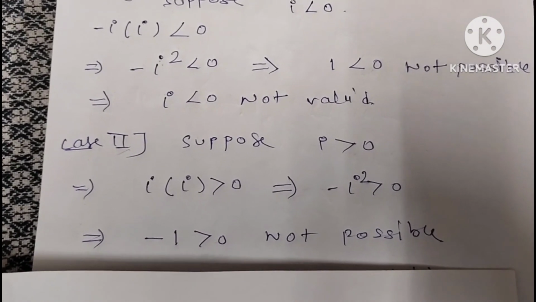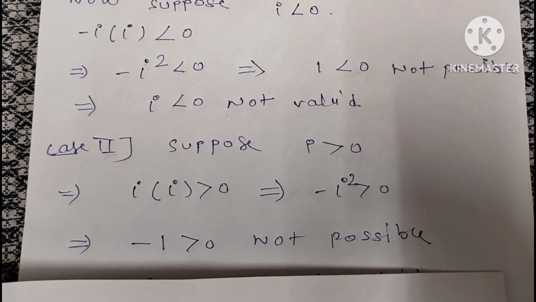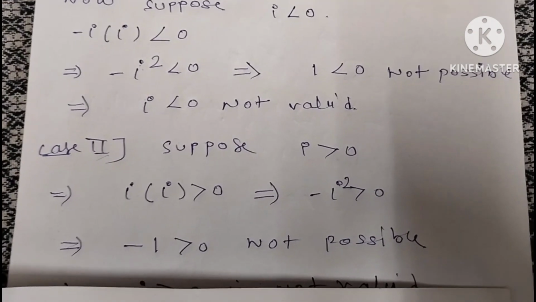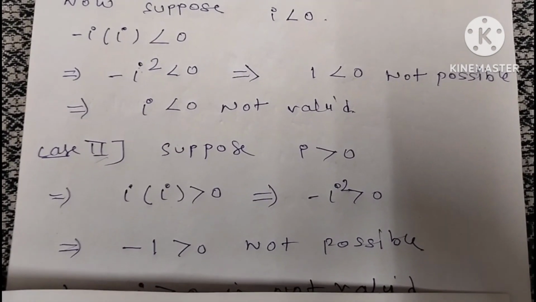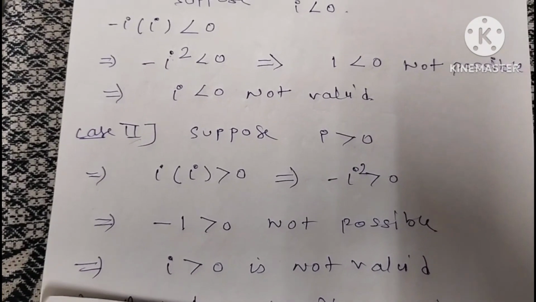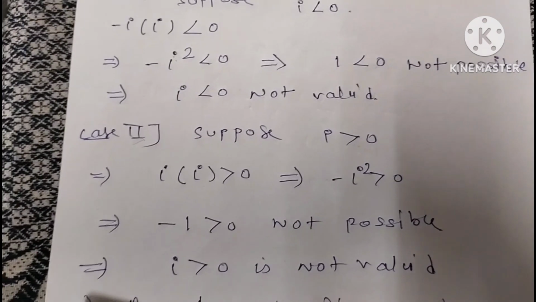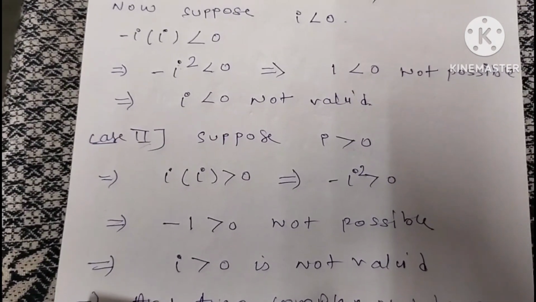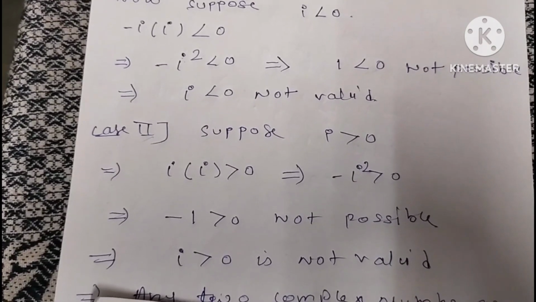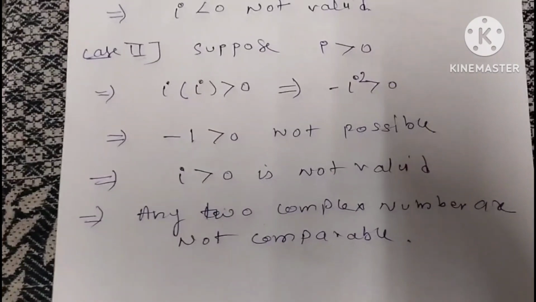That is again not possible because minus 1 is less than 0. So we can't say minus 1 is greater than 0. Not possible. That means whatever we assumed earlier is not a valid statement. So all three conditions have failed. Therefore we can say these complex numbers are not comparable.